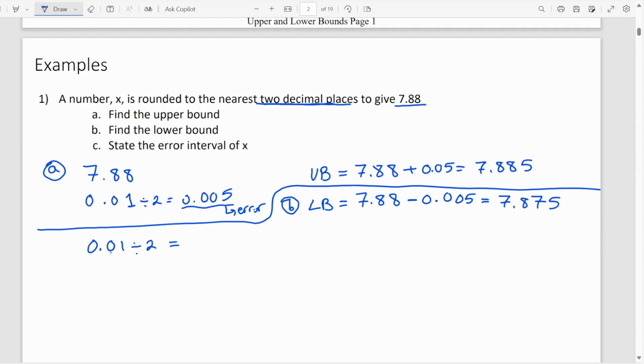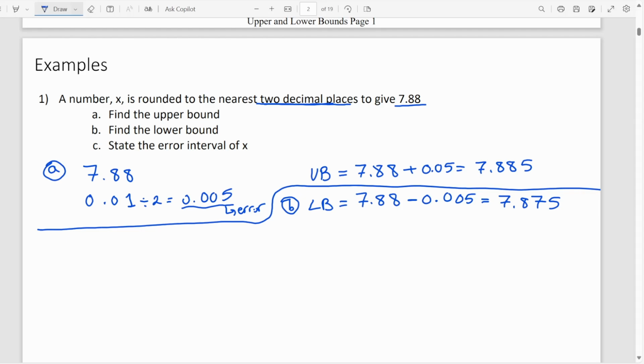Right now we have 1 and 0, so we make it 1 and then another 0, and put a 5 right here. Basically, just replace the 1 by a 0 and a 5. Makes sense? So if I told you 0.01 divided by 2, this would be 0.005. Replace the 1 by a 0 and a 5. This is the answer. This is a simple trick to do it quickly, or you can use the calculator. It's fine.